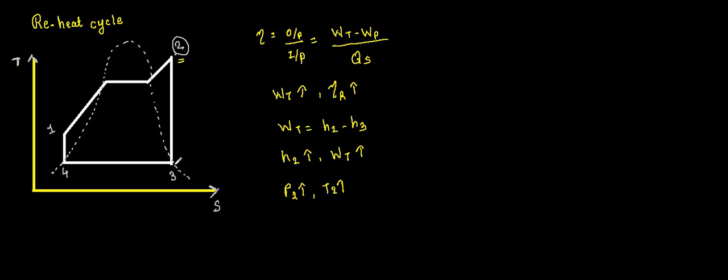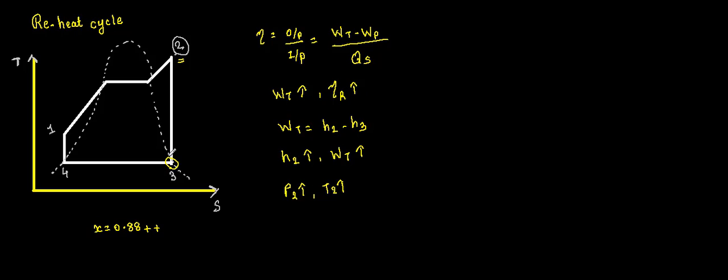So what will happen, at this point number 3, we require the dryness fraction to be 0.88 or more than that. If this dryness fraction is not within the limit of 0.88, then what will happen?